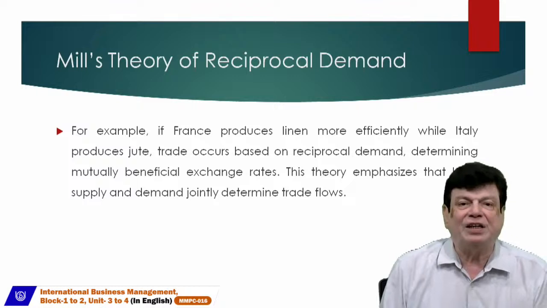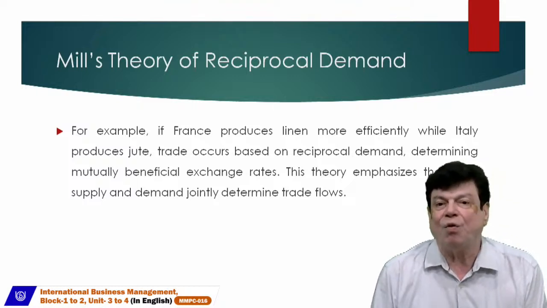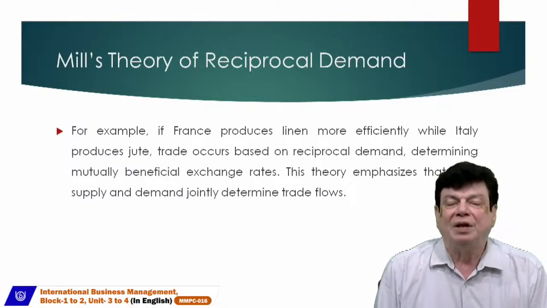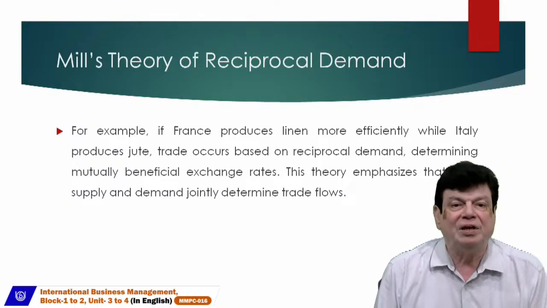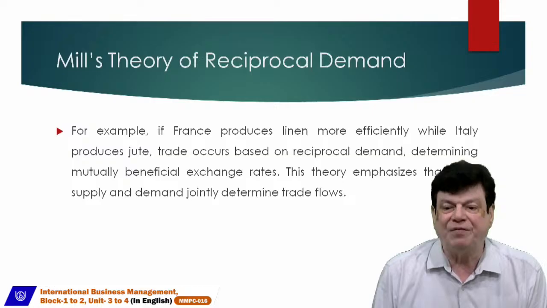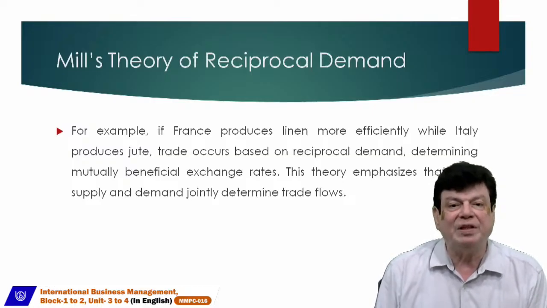If France produces linen and cotton cloth more efficiently while Italy produces jute, trade occurs based on reciprocal demand determining mutually beneficial exchange rates. This theory emphasizes that both supply and demand jointly determine trade flows.